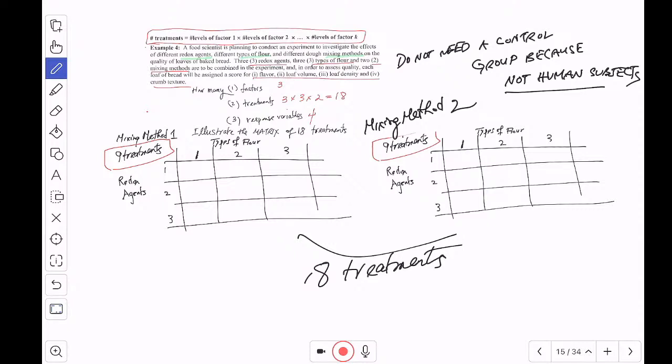All right, so the last thing to say is how many loaves of bread should I make in each treatment group? Should I make one or should I make many? How many should I make? If I believe there's other variables that I can't control, some variation in the oven or in the ambient temperature or in the yeast that I used, might vary depending on the time of day.